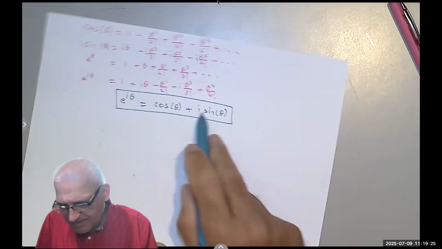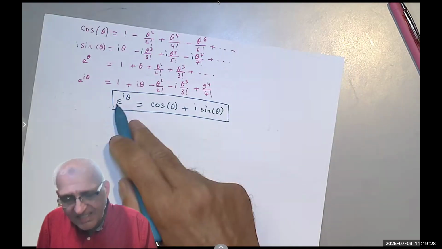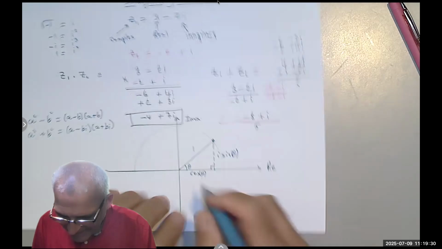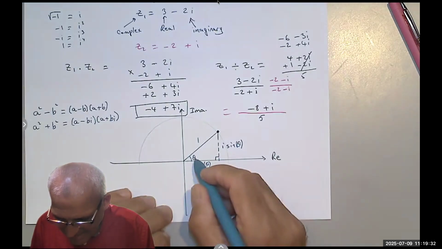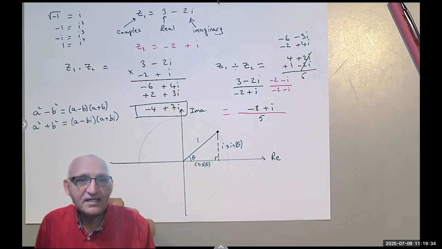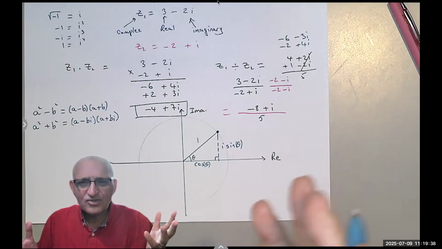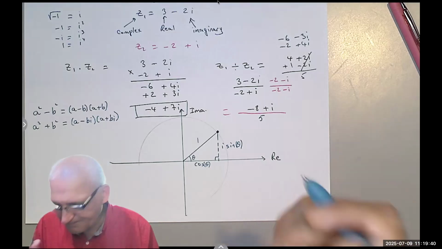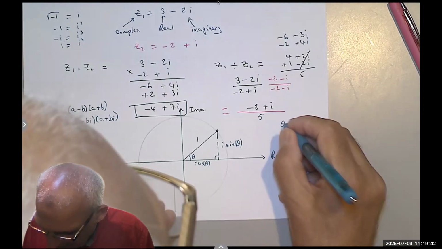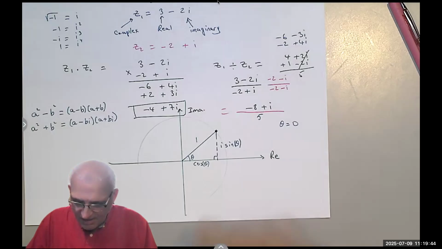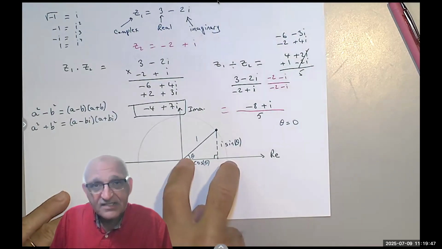But cosine theta plus i sine theta is called e to the i theta. So I can represent it as e raised to the power of i theta. So let's take that for a second and say, this is so confusing, I don't understand. Okay, let's put theta equals 0, meaning this line coincides with this line.